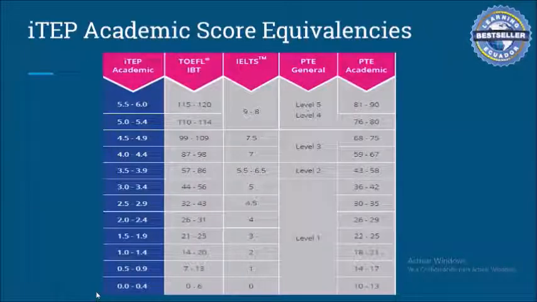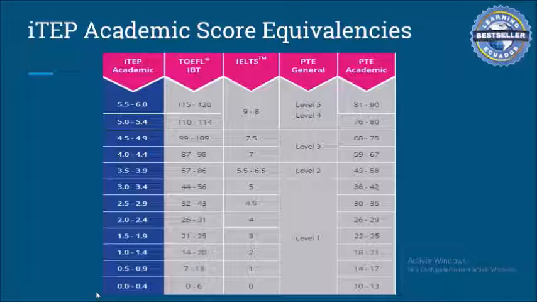Now what we want to do is take a look at the iTEP Academic score equivalencies. In this chart, as you can see, we are comparing the iTEP Academic to other certification programs. If we go to the top of the chart, we're going to see that a score of 5.5 to 6 in the iTEP Academic corresponds to a score of 115 to 120 on the TOEFL iBT.